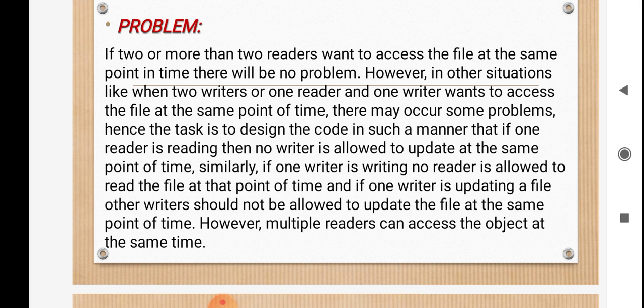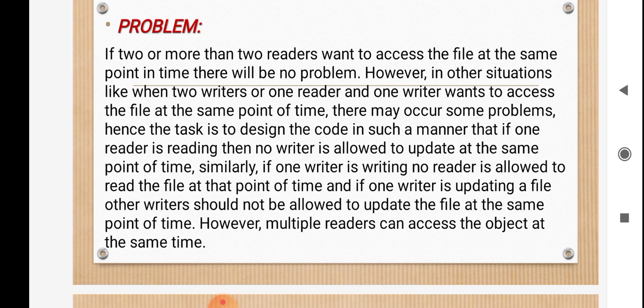But in other situations, like when two writers want to access or update the file at the same time, there will be a problem.